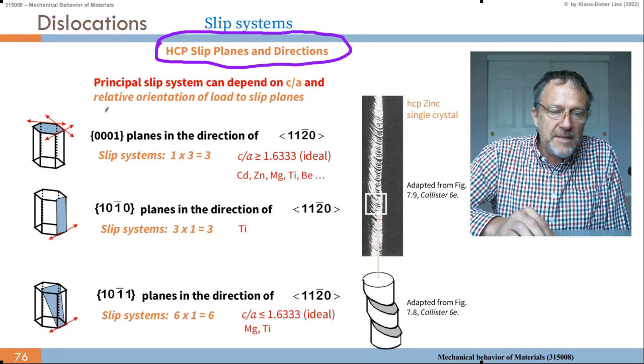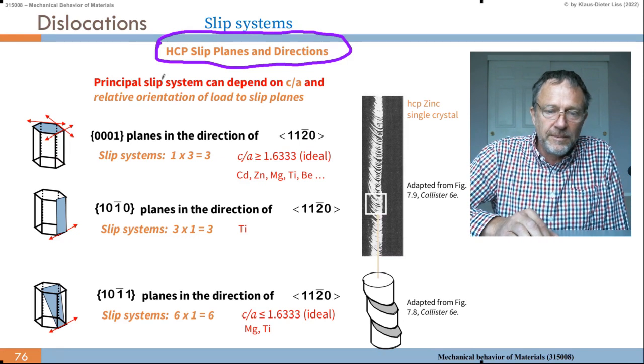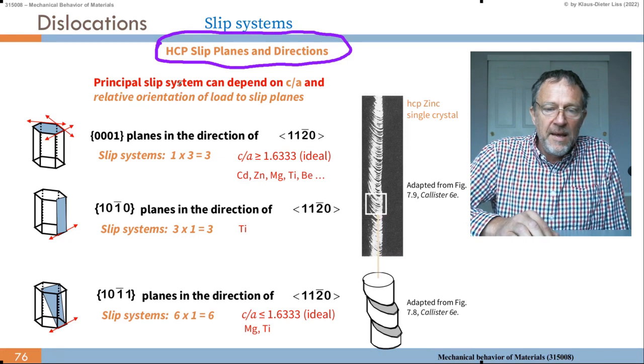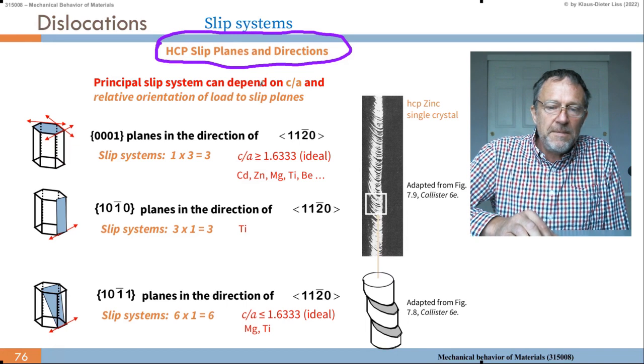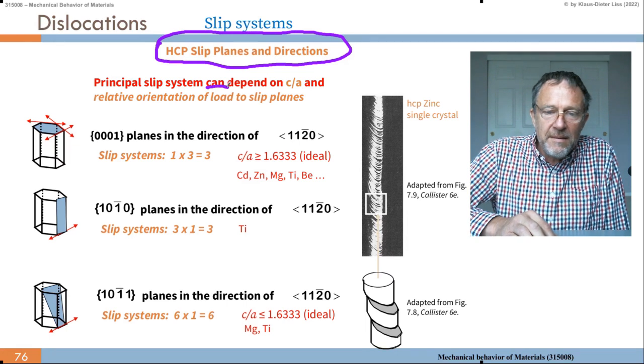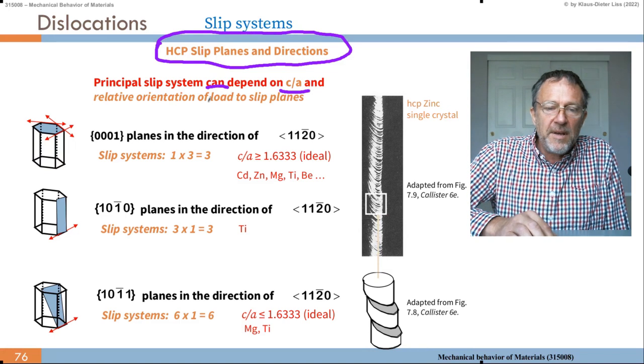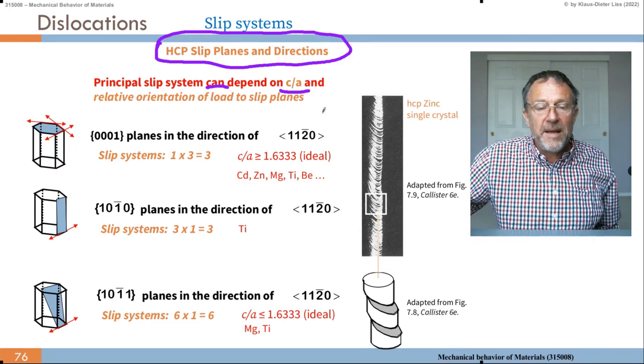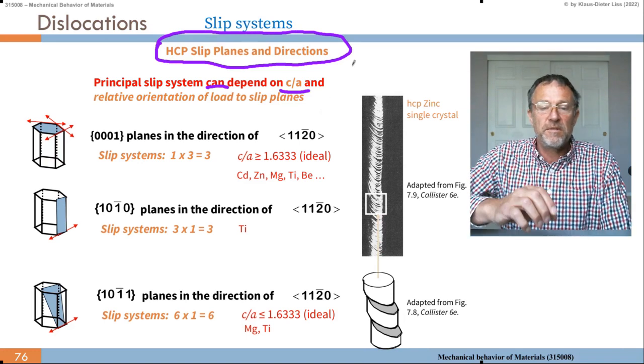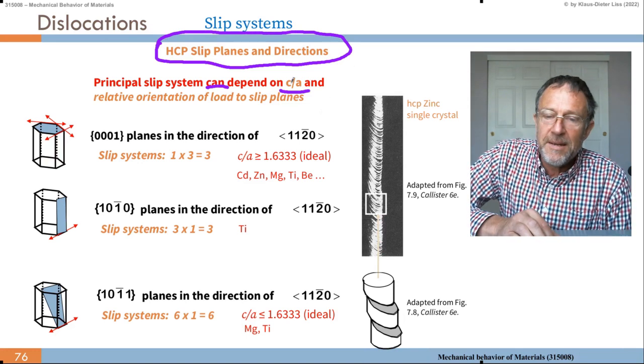So we know this is a hexagon, and the principal slip systems generally depend on the C over A ratio and on the relative orientation of the load to the slip planes. Of course, it depends on the relative orientation of the load to the slip planes, but it can also depend on the C over A ratio, typically.